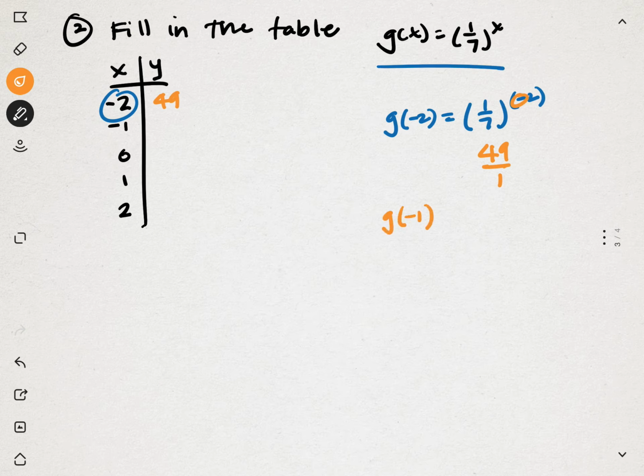Okay, so let's do the next one, g of negative 1. So we have 1/7 to the negative 1 power. The negative means reciprocate, so we're going to flip it over. And then 1 to the first power is 1. 7 to the first power is 7. 7 over 1 equals 7.